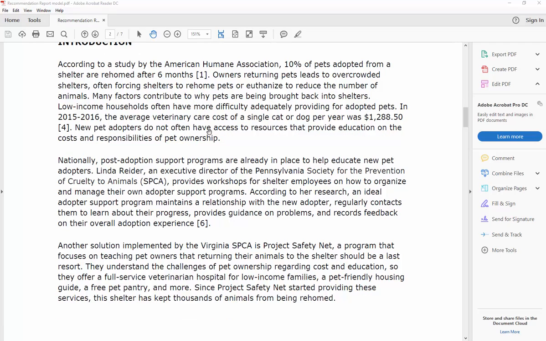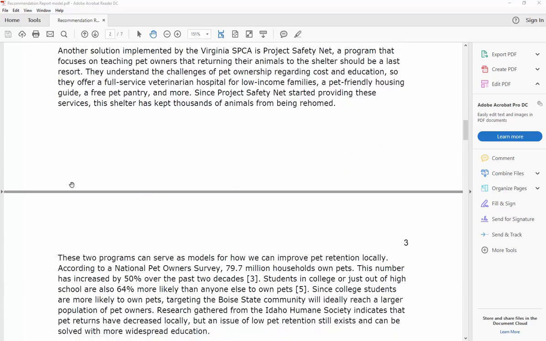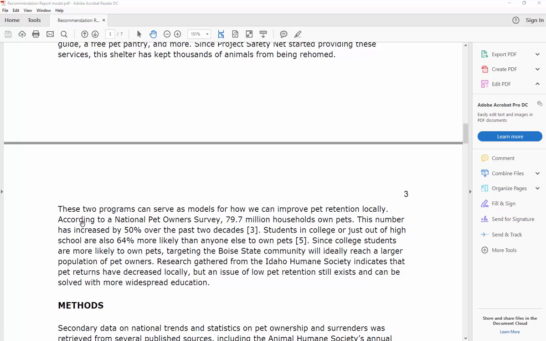The inverted triangle structure means that you start general, you give the context and background by offering the literature review, and then at the very end of the recommendation report, you see the purpose of what they're trying to do. So these two programs can serve as models for how we can improve pet retention locally. So you see that they move from the general to the more specific, and they state what they are trying to focus on, which is college students as pet owners and making sure to educate them to prevent rehoming of pets.